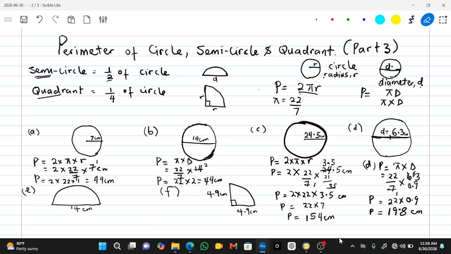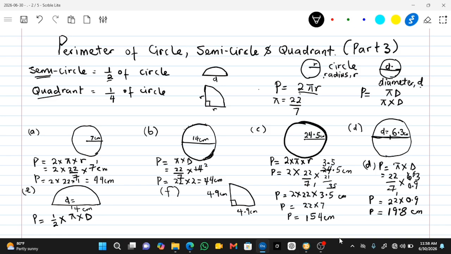Okay. Now coming over to this one, this is a semicircle. So perimeter should be 1 over 2 of the circle, but this is a diameter. Diameter is given. So 1 over 2 times pi times d for the diameter.